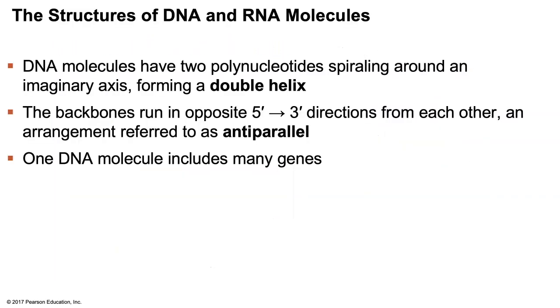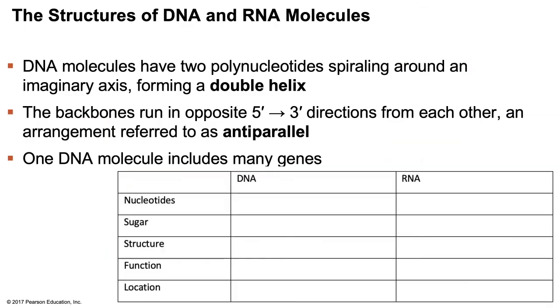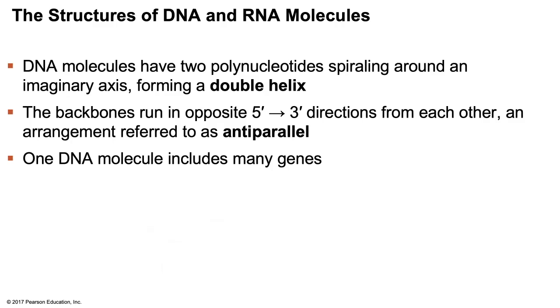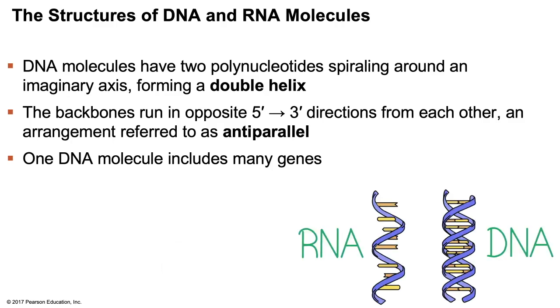There are a few notable differences between the two polynucleotides, DNA and RNA, that you should write down. And I would suggest making a table for this. So the first is the structure of the DNA and RNA molecules. DNA molecules have two strands spiraling around an imaginary axis, forming that famous double helix.